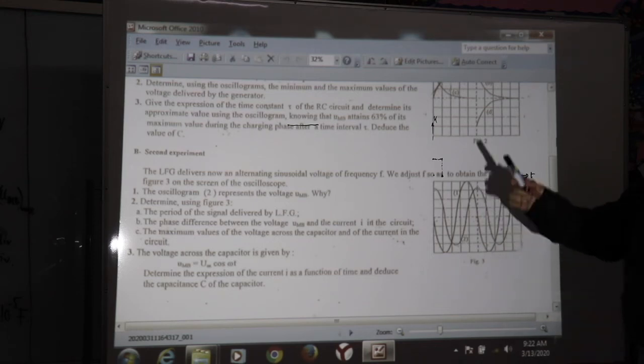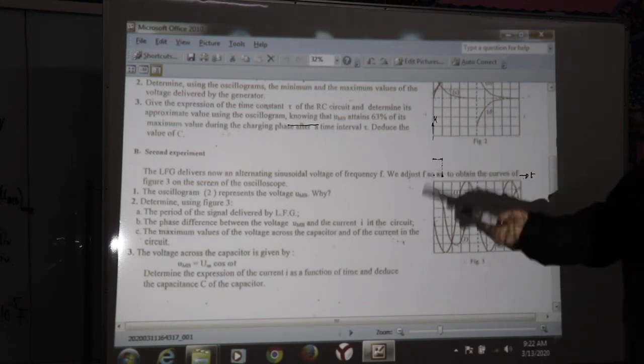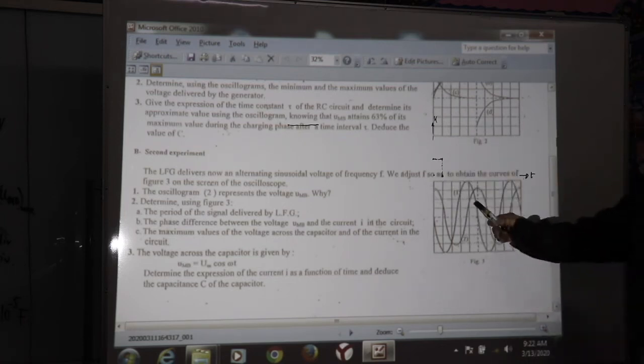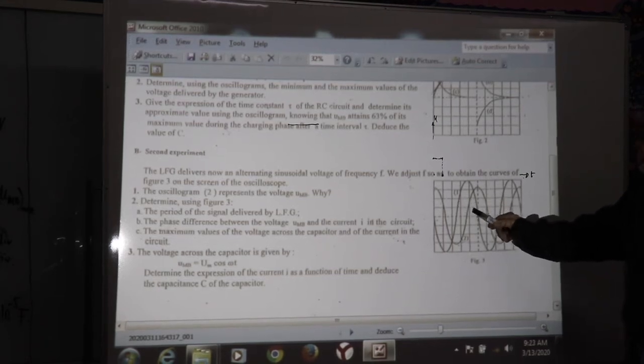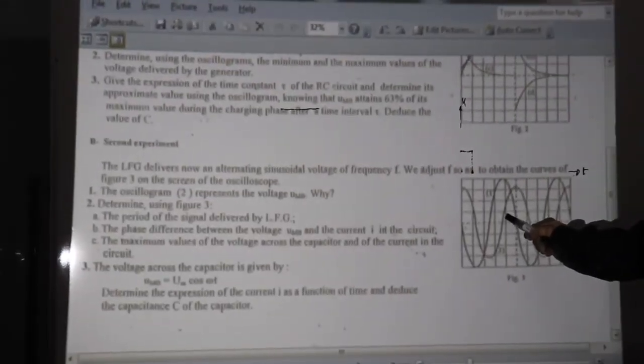And you know that in this case, the voltage across C lags UR, or I. And you see here that 1 leads, this means that 2 lags 1. This means that graph 2 represents voltage UMB or voltage UC.